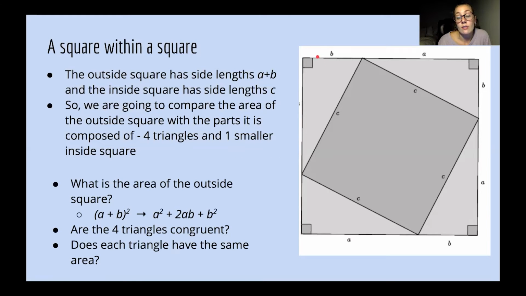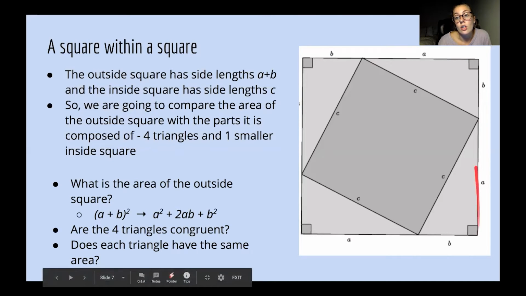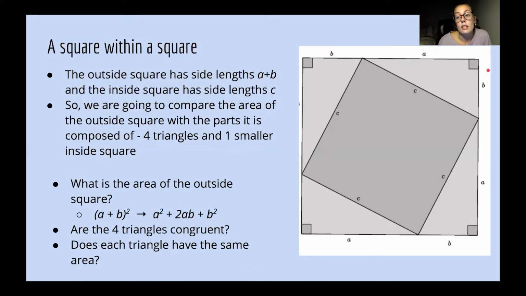So in this case, they're both going to be squares, so our sides, we're going to multiply together. So we have A plus B times A plus B. So A plus B squared, which is also going to look like A squared plus 2AB plus B squared whenever we distribute this.